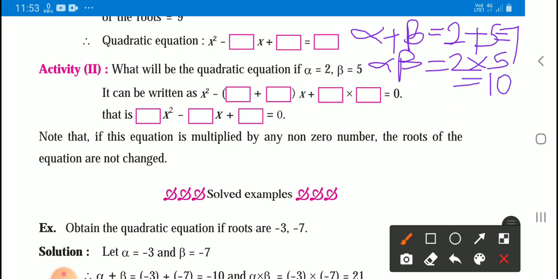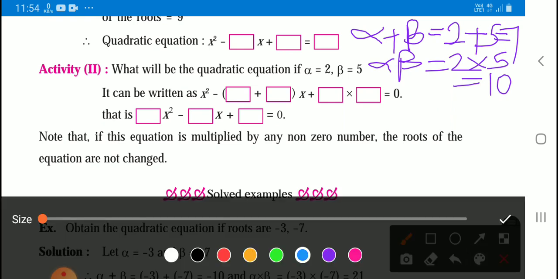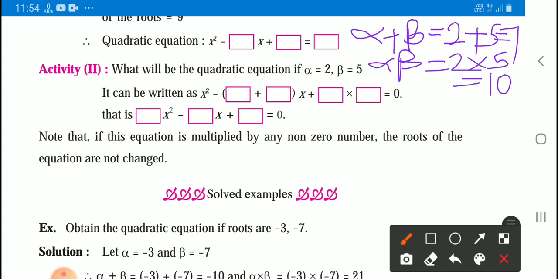Okay, now we'll put in those values in the boxes, means you have to fill those boxes. Here x square minus (alpha plus beta) x plus alpha beta, where the coefficient of x square is 1 only.